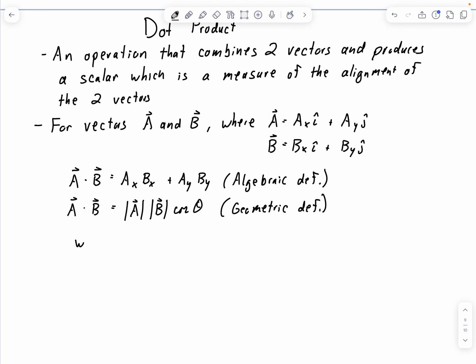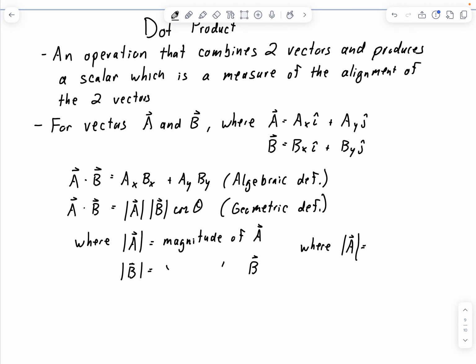Here, A is the magnitude of the vector A, and here we have the magnitude of B. And just to recall, we define the magnitude as the square root of the square of the X component plus the square of the Y component. And theta is the angle between the two vectors.